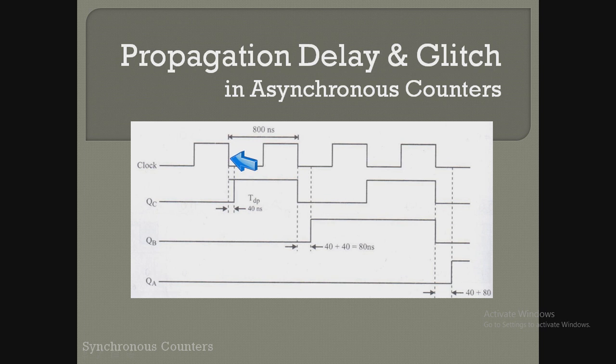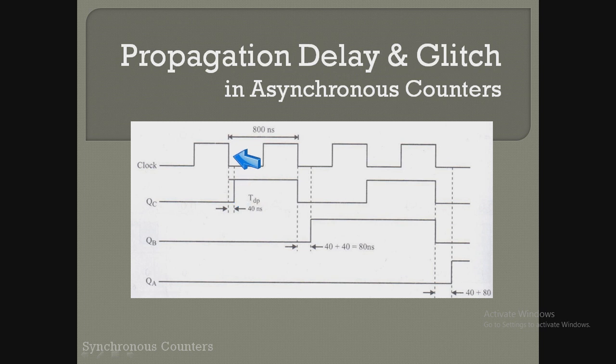The time lag between the input submitted to any electronic component and the output received from it is known as the propagation delay of that component. In our case, we are using flip-flops, so this much time is the propagation delay.